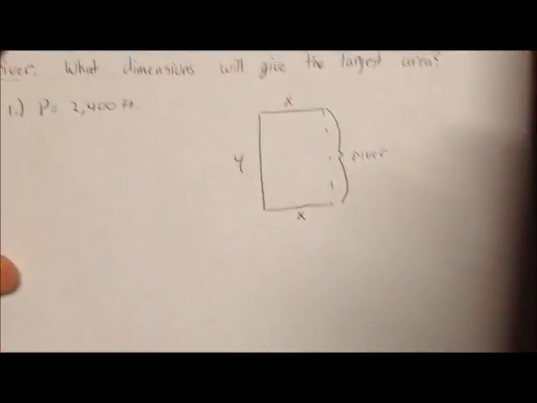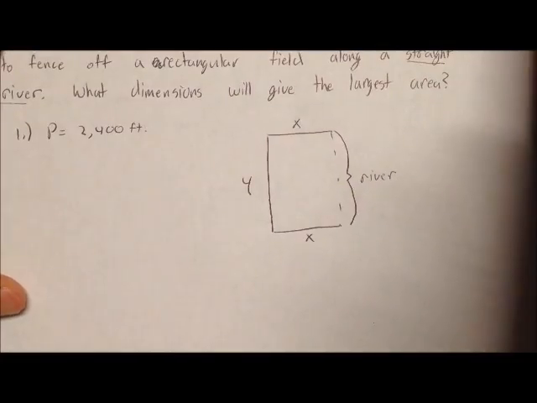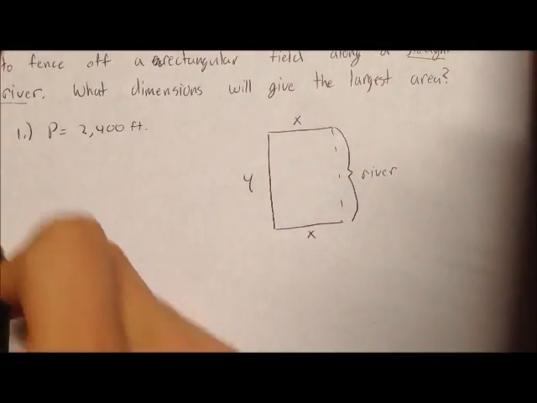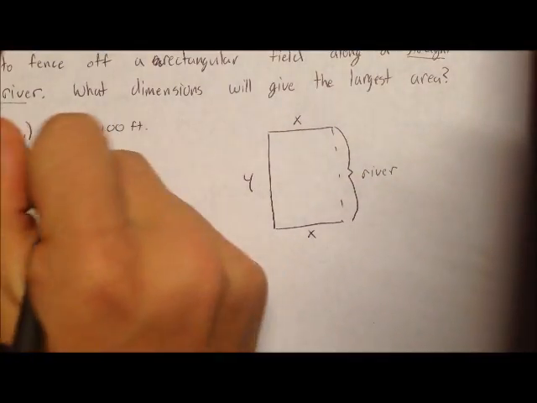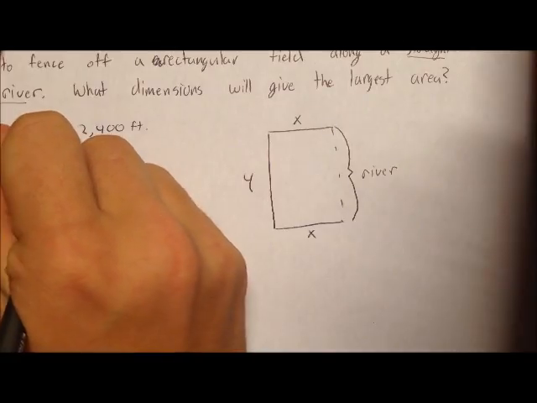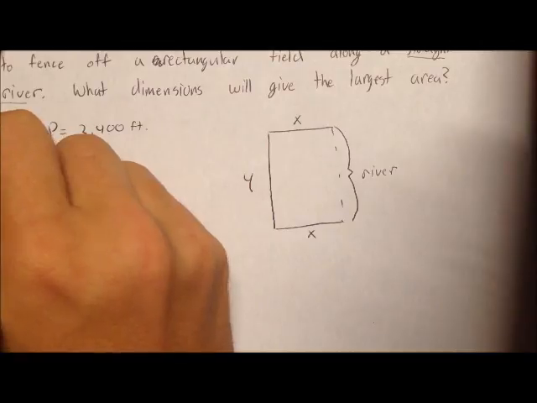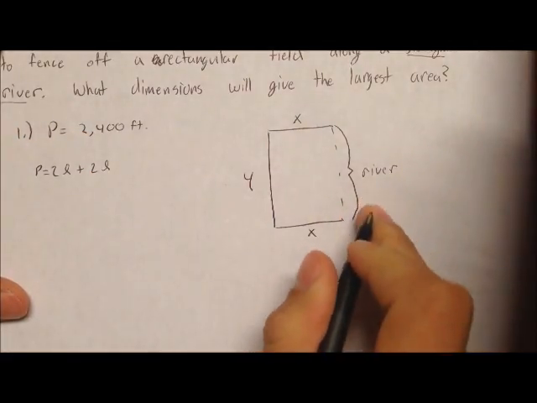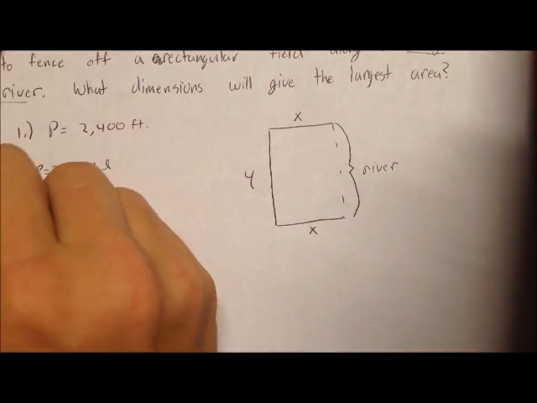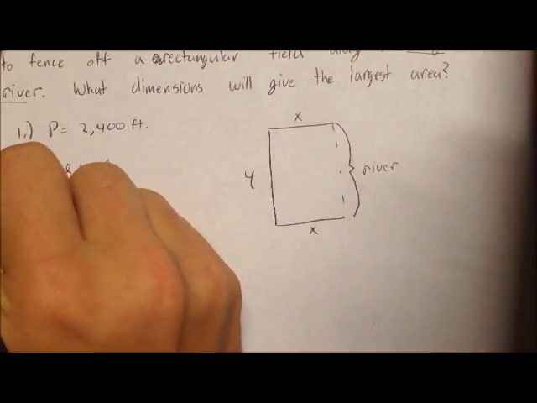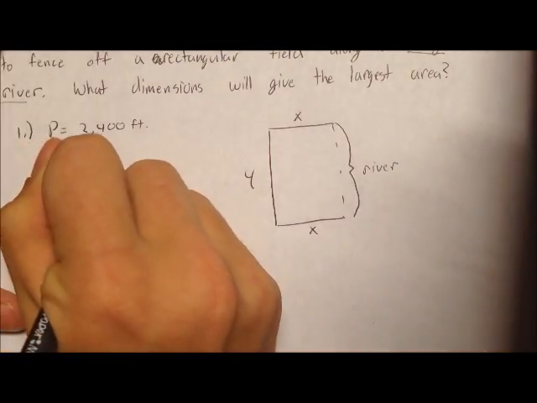So, we also know that the perimeter of a rectangle is 2L plus 2W, but since there's only one side, we can change that to L plus 2W.